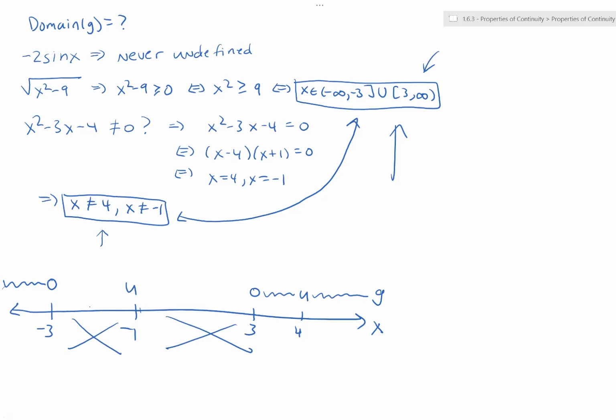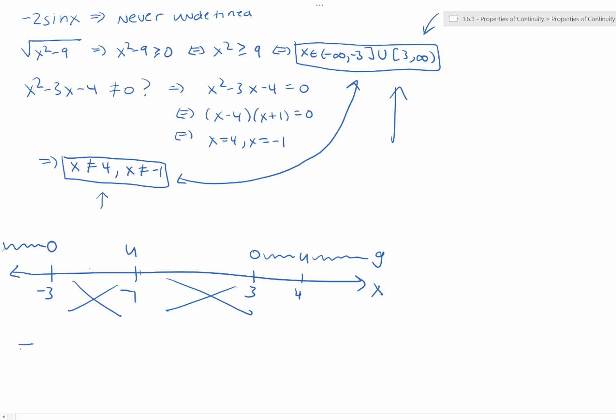And so this shows us that the function g of x is continuous on the interval negative infinity to negative 3, including the negative 3, union with 3 to 4, but we're not continuous at 4, union with 4 to infinity.